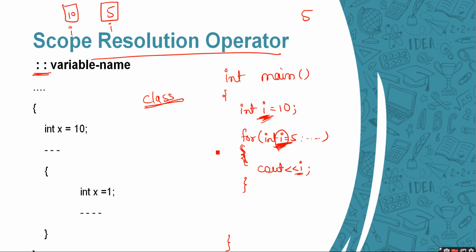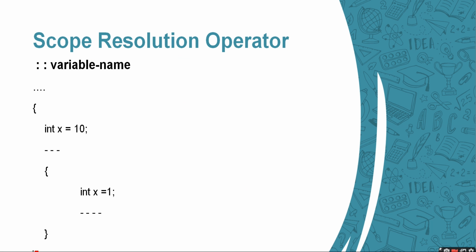If I simply write this i, it is going to be considered this one only, because it is the nearest one. But if I want this one, then I need to use the scope resolution operator. In practical, we are going to write a program tomorrow, and we are going to use each one of the operators.